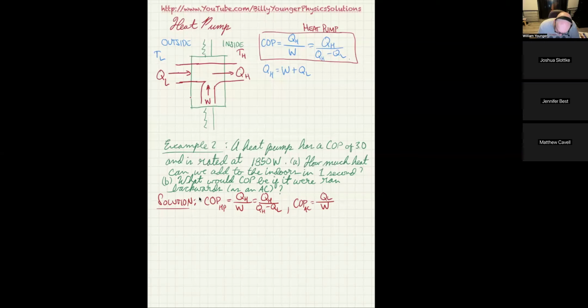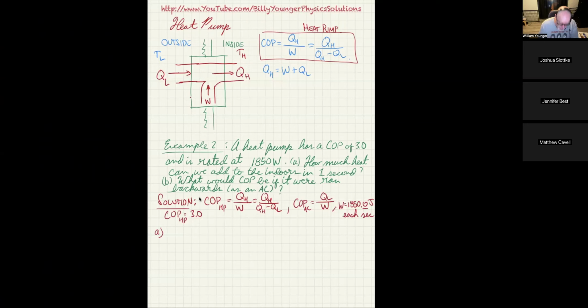We've already got that our work is equal to 1850.0 joules each second, and we have that the COP for the heat pump is 3.0. So now we can use it as follows.